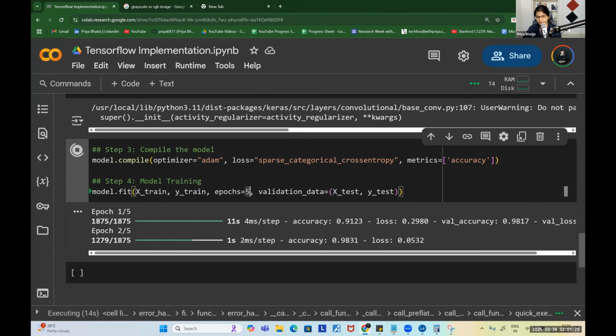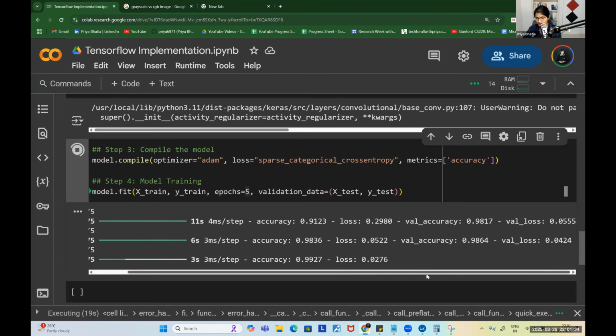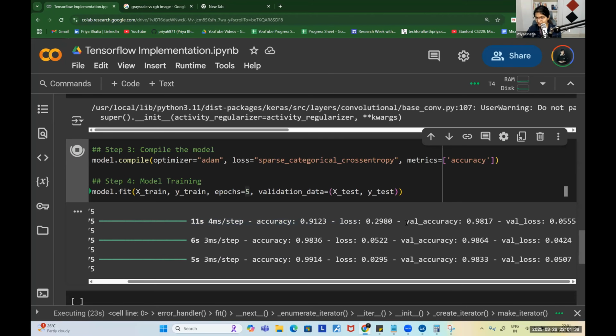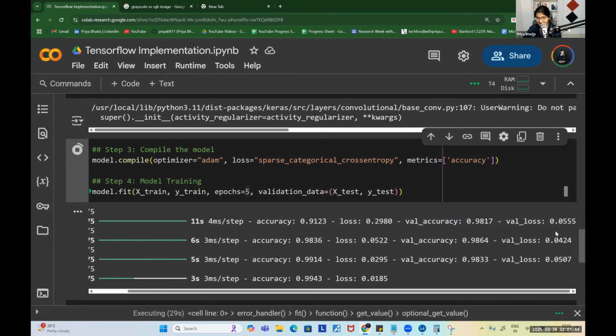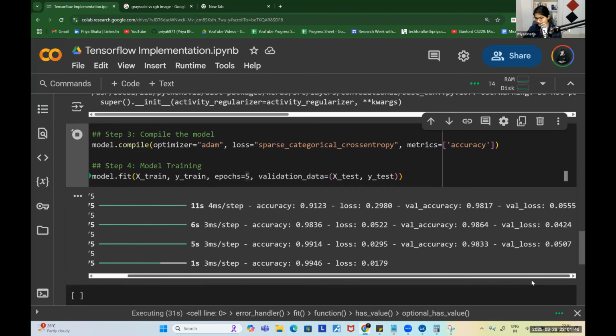It will take some time, and after that you will be able to see, in every iteration, the training accuracy and loss and the validation or testing accuracy and loss. In every iteration, your accuracy should ideally be increasing and your loss should be decreasing.